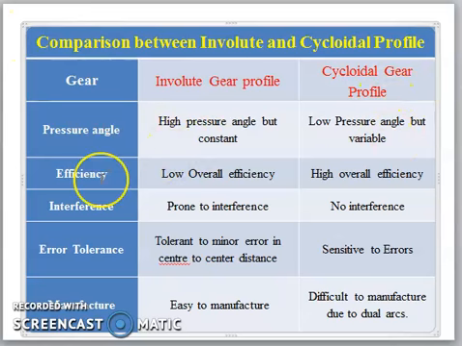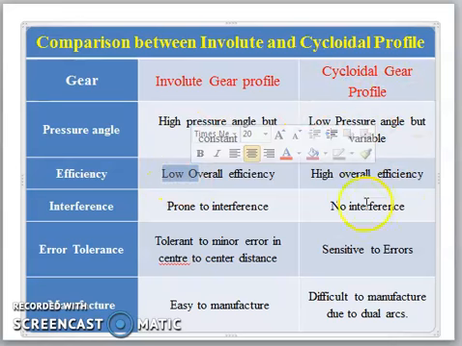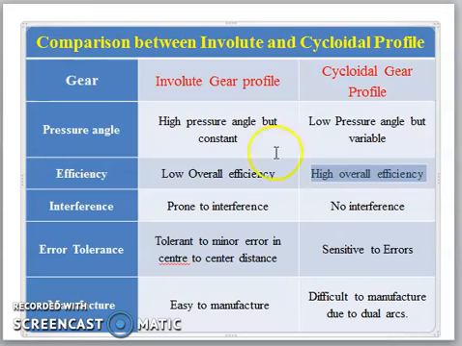Second is efficiency. The overall efficiency of the involute gear is low, while the cycloidal gear profile has high overall efficiency. Next, interference: in the involute profile there is a chance of interference, where one gear's teeth fall on the other gear.